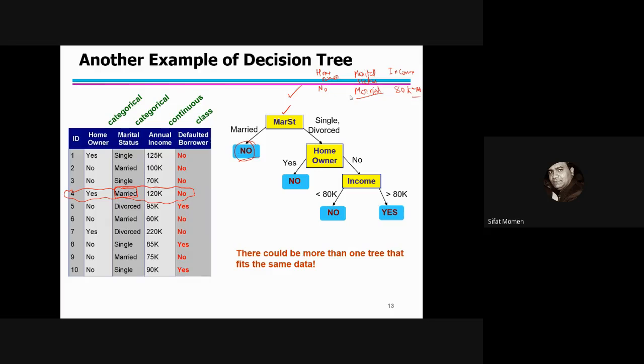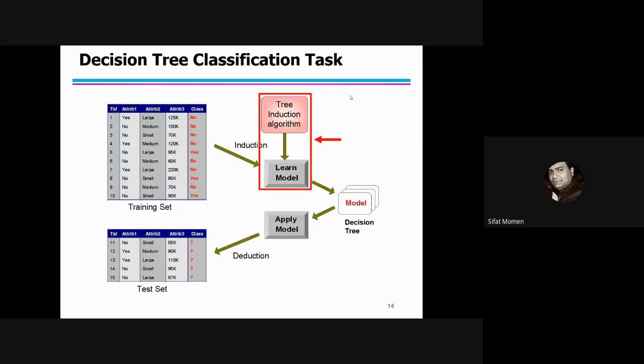ঠিক আছে? Okay. So let's now look into the particular model that we're going to look into. ঠিক আছে? The model that we're going to make is the decision tree model. So we're going to use a particular classification algorithm, the tree induction algorithm. We apply this algorithm on this training set to create this model.